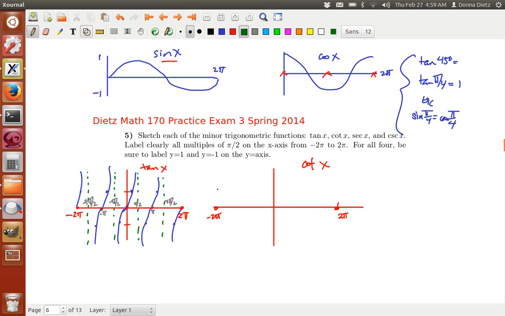Actually, it's easier to label the asymptotes for this one first, because sine of x just divides more nicely. The zeros of sine of x are 0, 2 pi, -2 pi, and pi, so all the first break, as it were. And then cosine is the break that comes in between. So cosine zeros are the zeros that come in between the asymptotes.